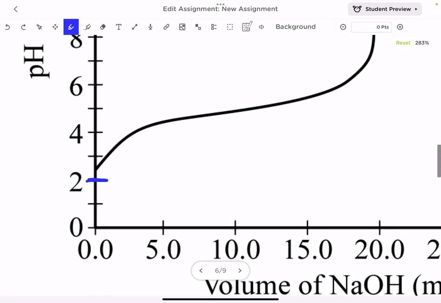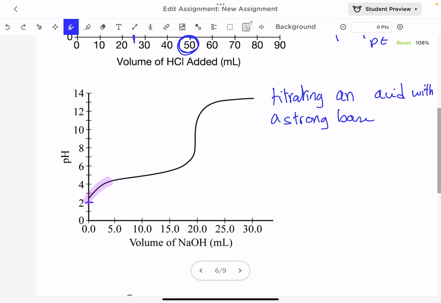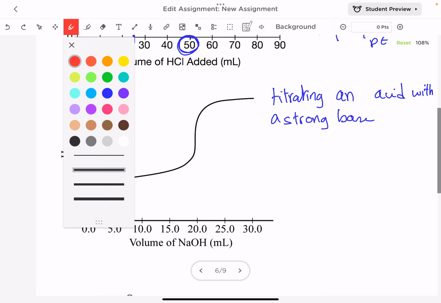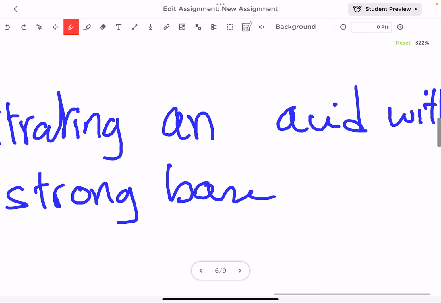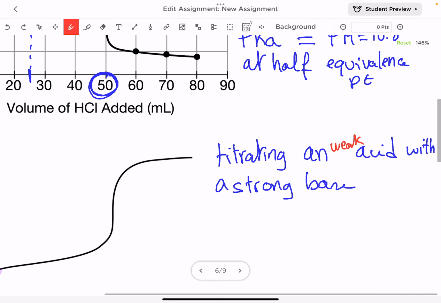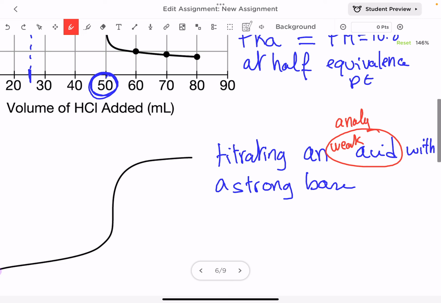It starts from above 2 and there's a jump at the beginning. So we are dealing with a weak acid. So the analyte is a weak acid and the titrant is a strong base.